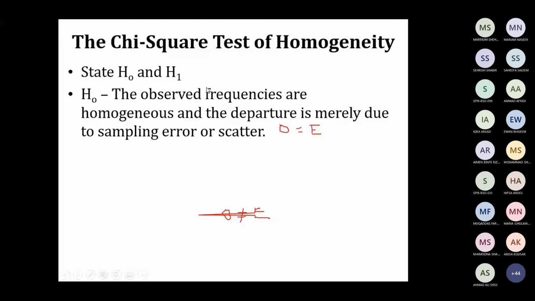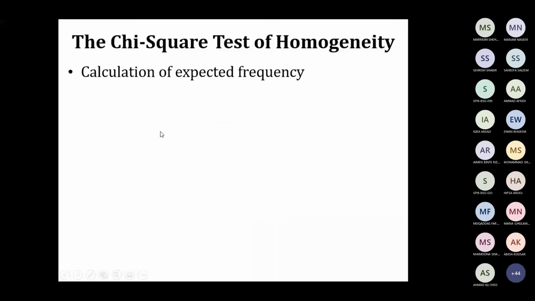So homogeneous means that this total number is 75. What is our total number of observations? We have 75, right? So this 75 must be equally distributed into the 4 classes if the frequencies are homogeneous. So our null hypothesis is that frequencies are homogeneous, so the expected frequency should be the same between the 4 classes. So we have to divide 75 by 4.